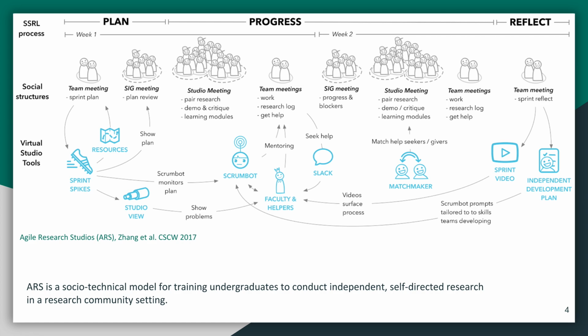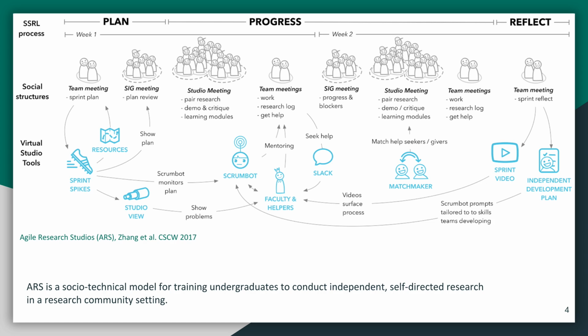It's a model that emphasizes this distributed learning model, so that you can have teams of people, groups called SIGs in ARS, who each work on similar projects, but each student in the SIG is doing their own project.